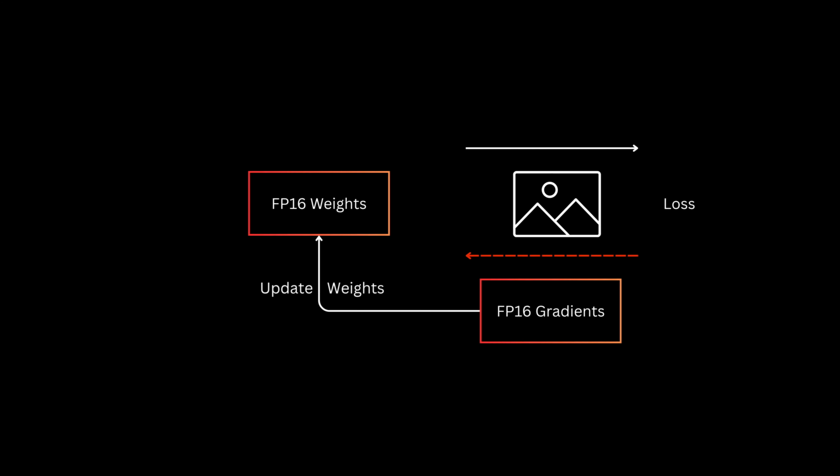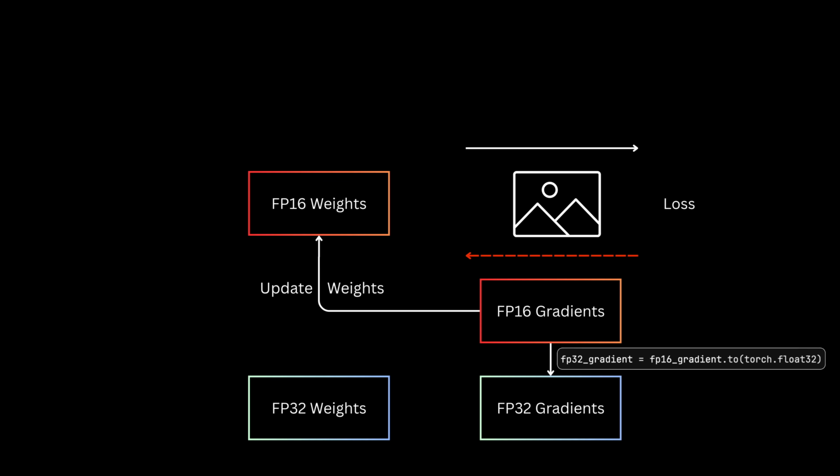The fix that we will use is to maintain an extra FP32 master copy of the parameters. So we already have our FP16 parameters for the forward and backward pass, and that is going to give us the memory and speed benefits. But in addition, we maintain a corresponding FP32 copy of every parameter. After backpropagation and computing FP16 gradients, these gradients are copied to the FP32 parameter gradients.